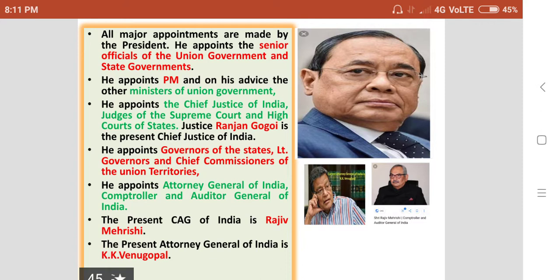We can see in the photo. The present Attorney General of India is K.K. Venugopal. So we can see the Platinum Jubilee building in our college campus. When you come to the college, you can see the name of K.K. Venugopal. So the auditorium of the Karnataka Law Society is in his name. Why?